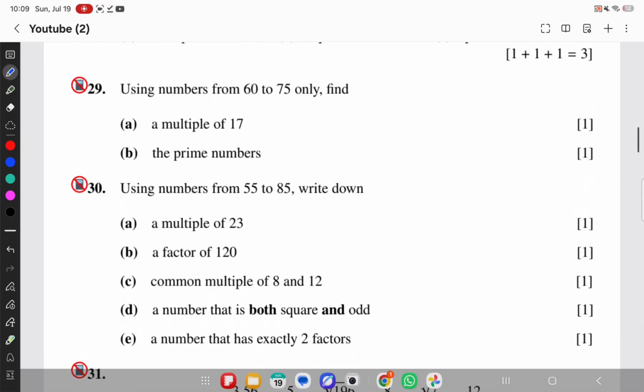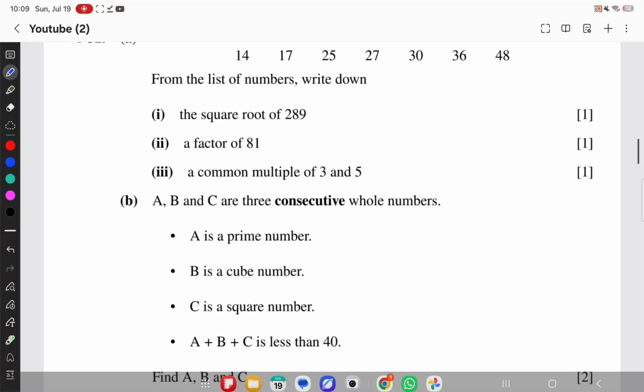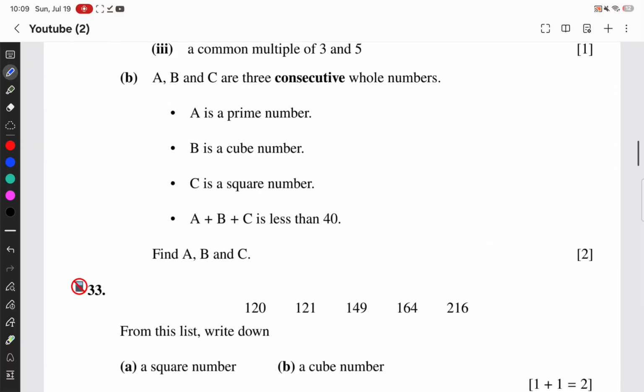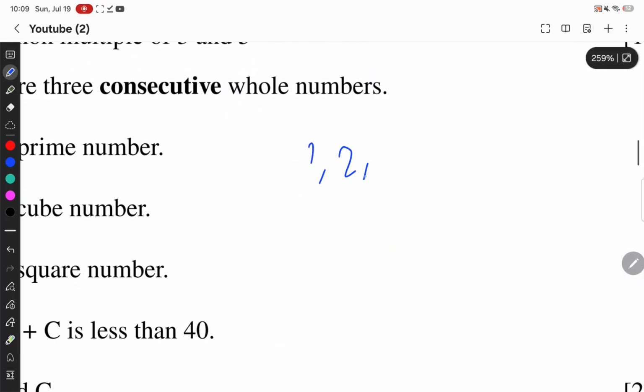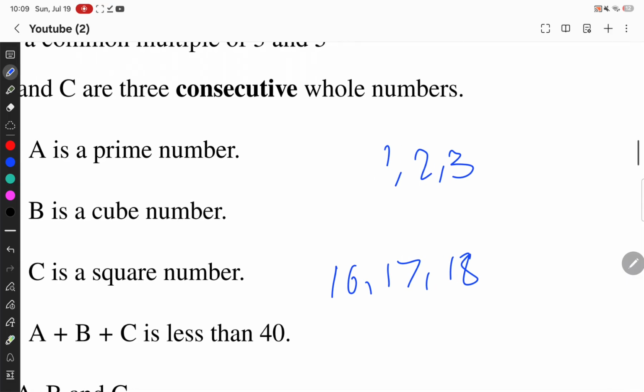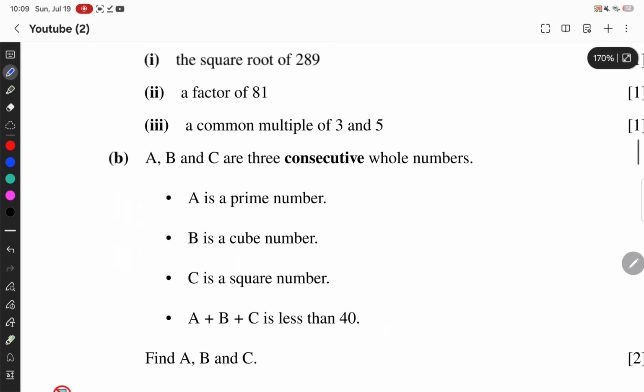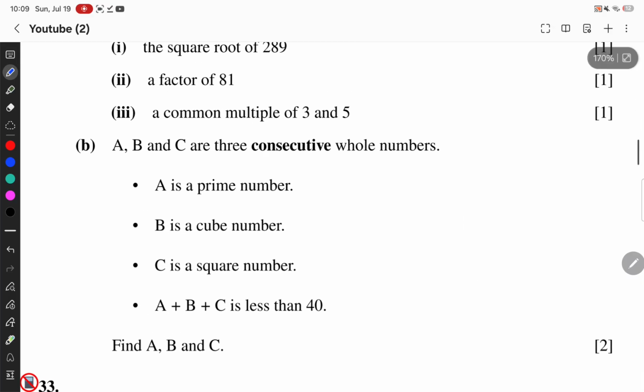Next, some will be structured, like massive ones. You can figure this out yourself. Consecutive means like 1, 2, 3, or 16, 17, 18, adding on to each other. You can figure out yourself what 3 numbers you want to find.